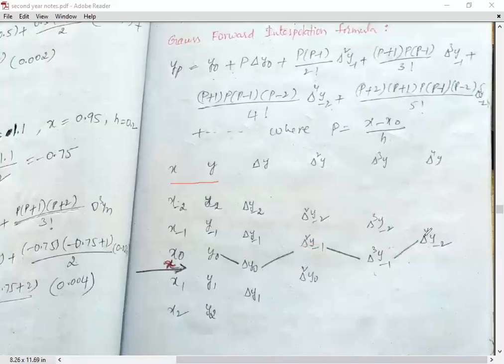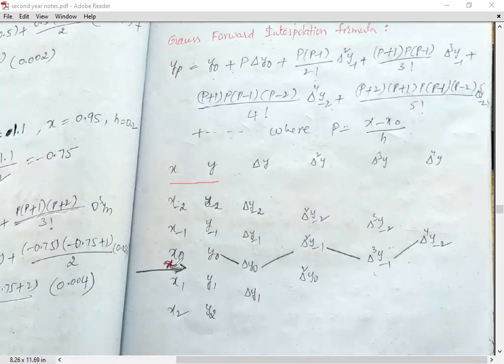Now we can see that our x naught y naught is the set which should be chosen just above x in the table. This x is the value at which the corresponding y is required.